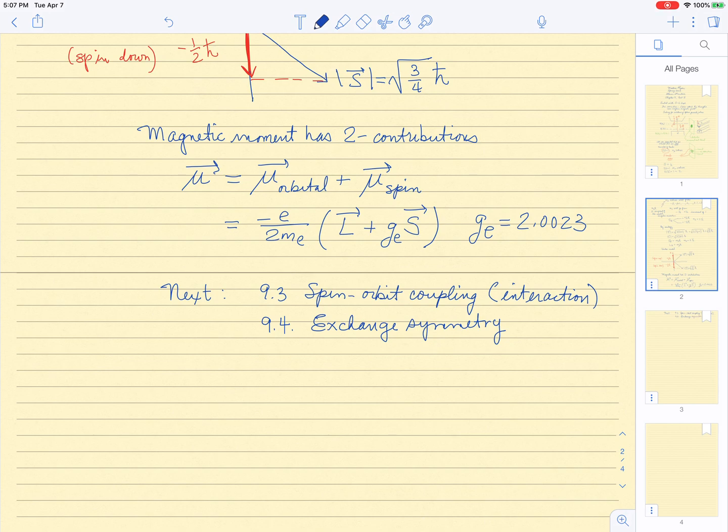And then we'll conclude with a discussion of section 9.6, which is the periodic table, and we'll omit section 9.5.